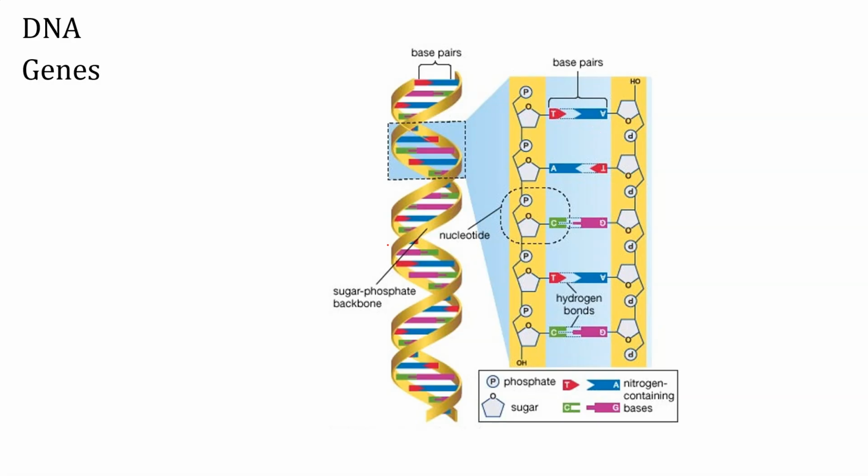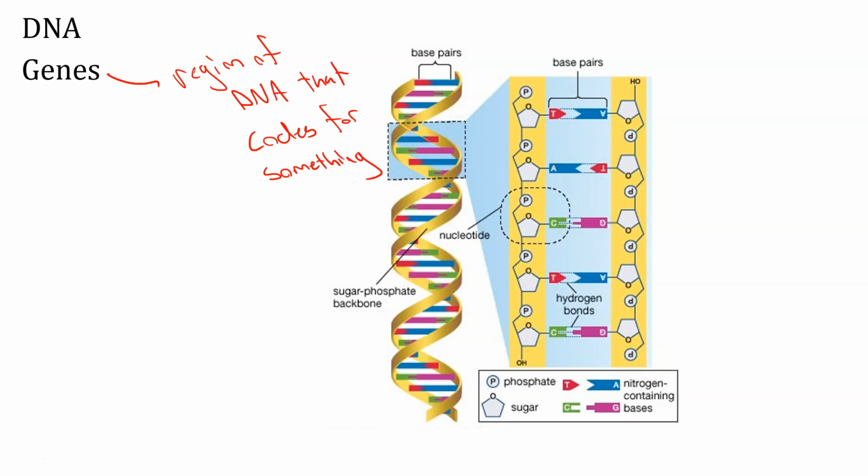Okay, on DNA, there will be genes, and you can think of a gene as just basically being a region of DNA that codes for something. Oftentimes, it's just a particular protein of some kind.